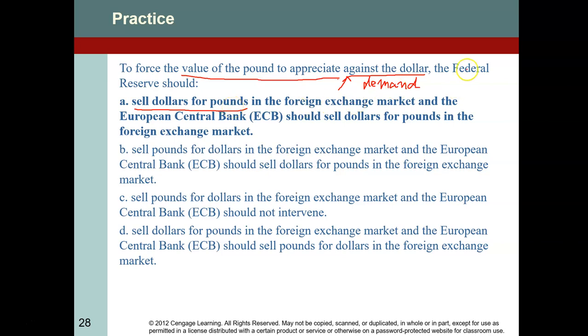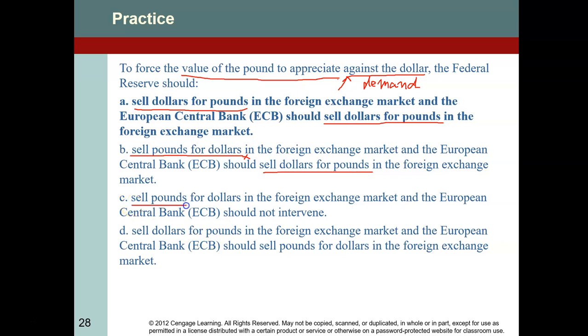So for the Fed and for the ECB, they should both sell dollars for pounds in the foreign exchange market. For option B, sell dollar for pound is correct, but sell pound for dollar will make the dollar appreciate and the pound depreciate. So this is not correct.